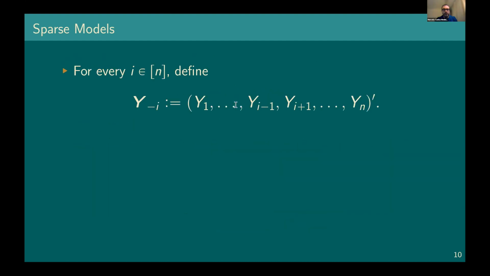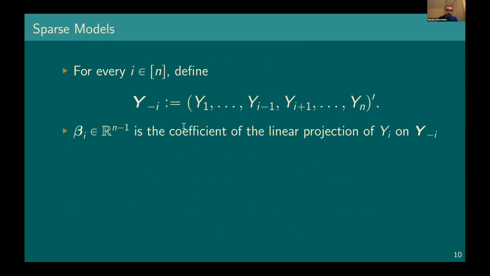On the other side of the spectrum, we have the sparse model. What will the sparse model typically do? Define Y minus i as all the variables but the ith variable, so we remove one of the variables from the data set. Let's call beta i the coefficient of the linear projection of yi on this vector at the top of the slide.